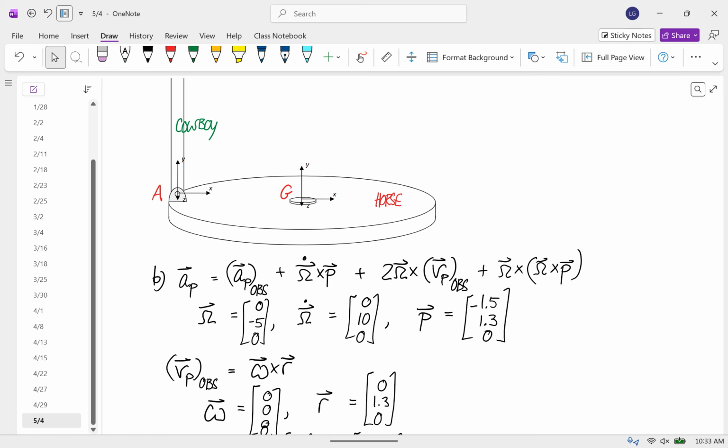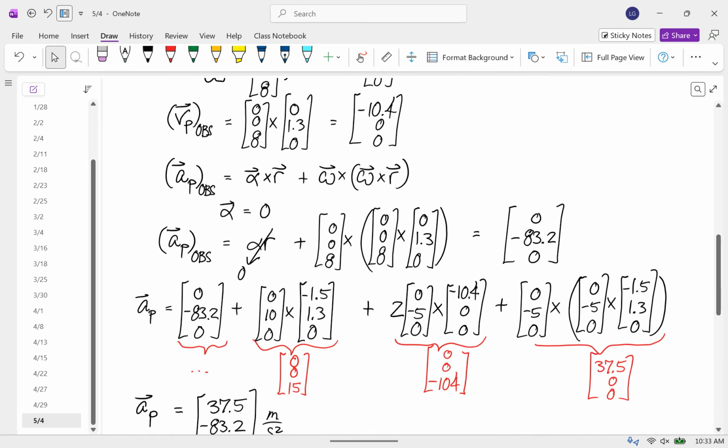Now we've moved it to a different spot on the disk, but it's still rotating with the disk, okay? It's still rotating with the horse. So none of the angular quantities change when you move something around on a body. A single body always has the same angular velocity, same angular acceleration. It's not dependent on the point on the body.